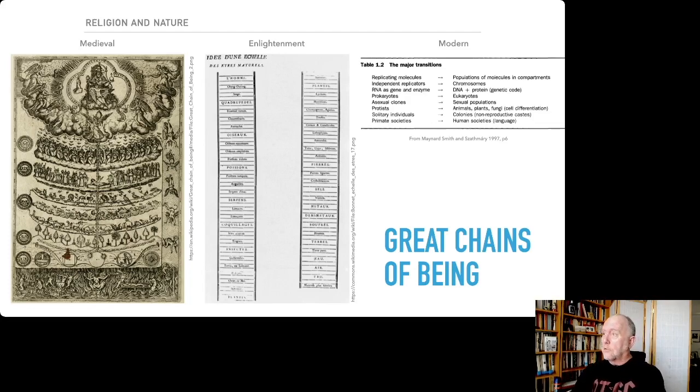And Szathmáry is still around, but this is called the major transitions of evolution. And the reason why I think it's a great chain of being is that it is a linear scale from simplicity to complexity, based around information transfers, how much information is moved around by the organism. I think this is just mistaken. I think it's old think, and it sits very badly with modern evolutionary biology.